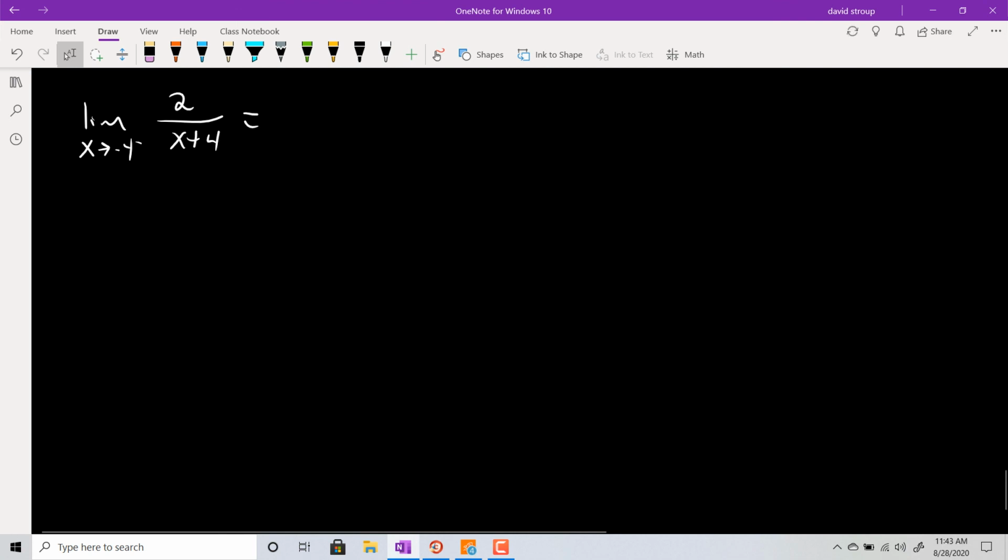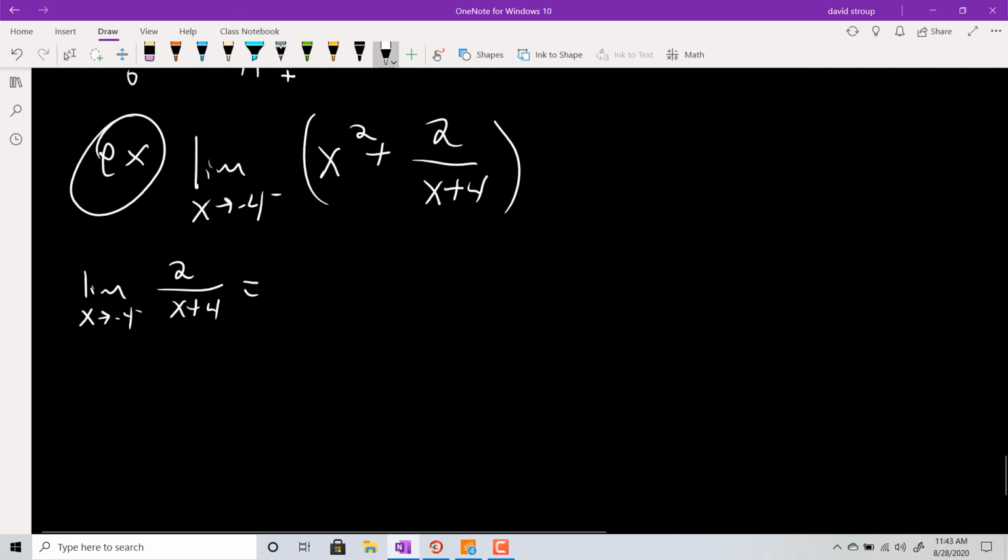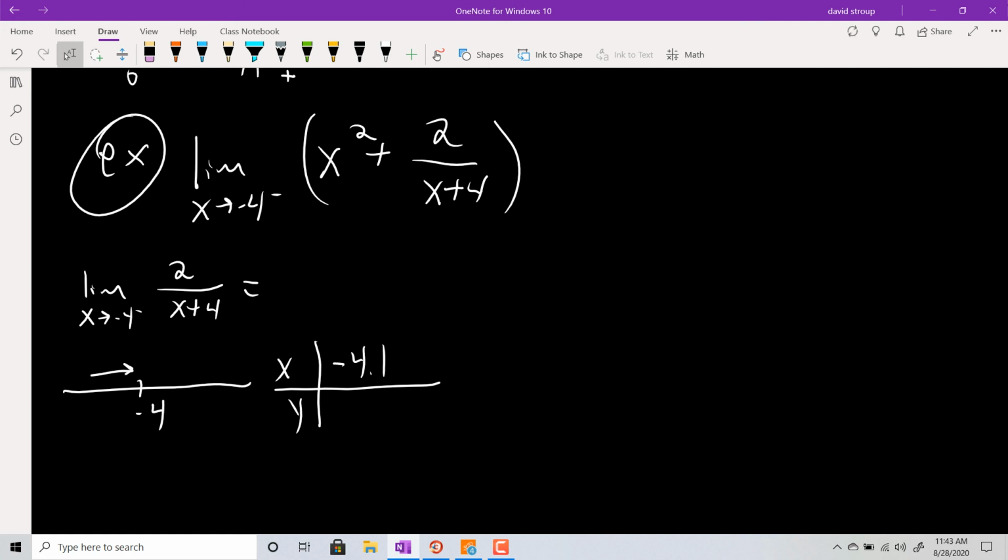I'm approaching negative 4 from the left, so x is about negative 4.1. You'll have a positive over a negative, so this will be negative infinity. In other words, this is L minus infinity, which is minus infinity.